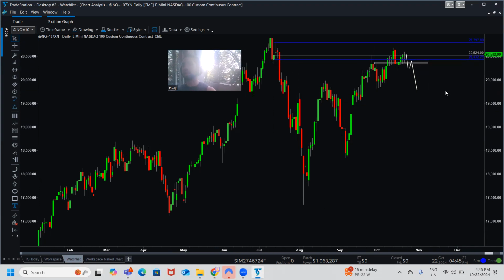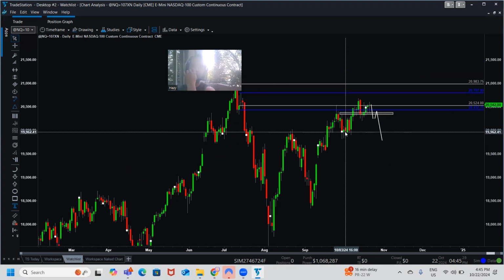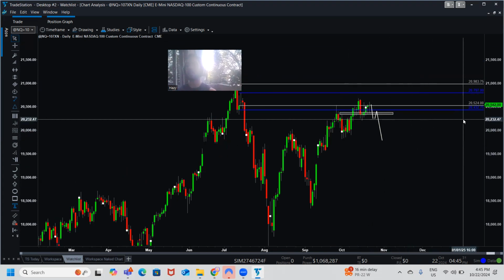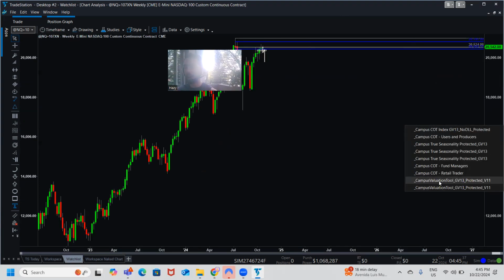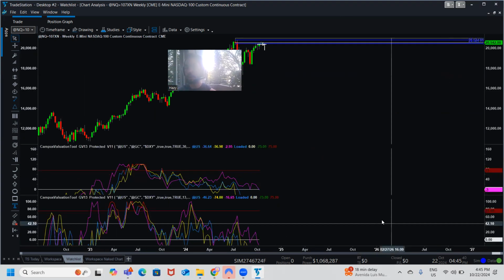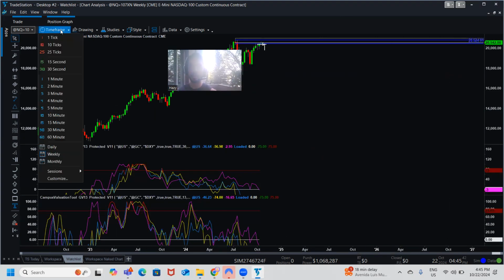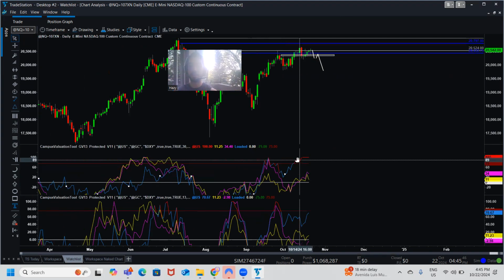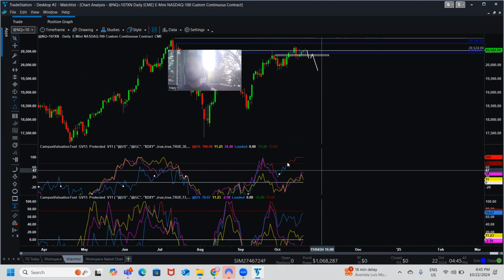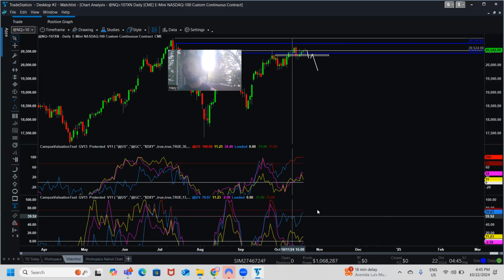So we're inside both weekly and daily supplies, and it's looking pretty good. Now, for the Campus valuation, we're overvalued against interest rates on the daily chart. We're overvalued on long term, look how overvalued we are. And short term, we're almost overvalued on this chart.